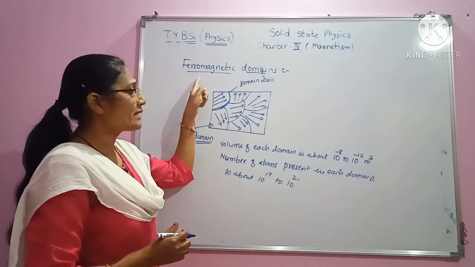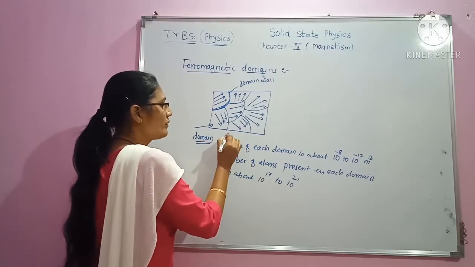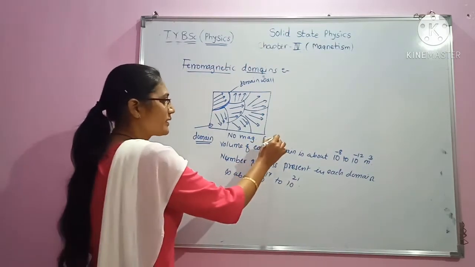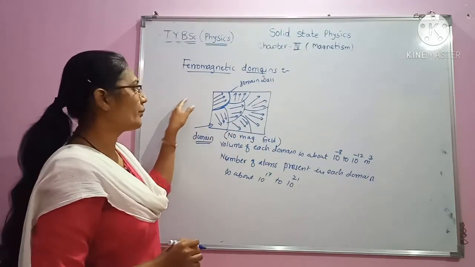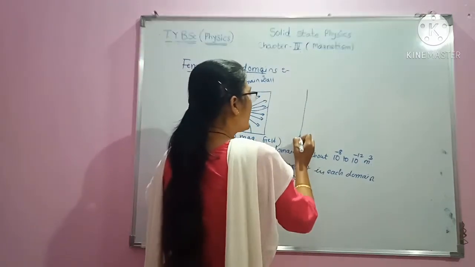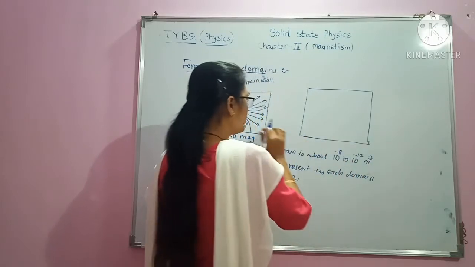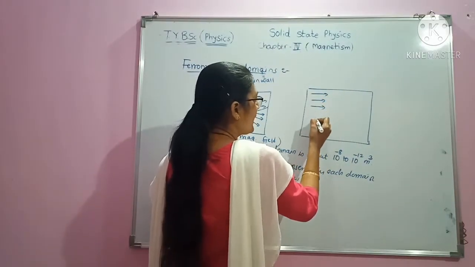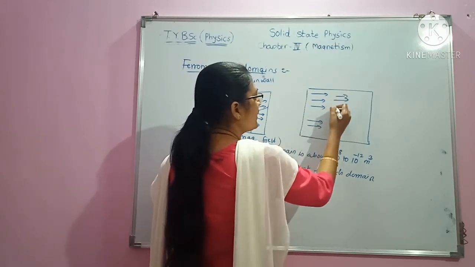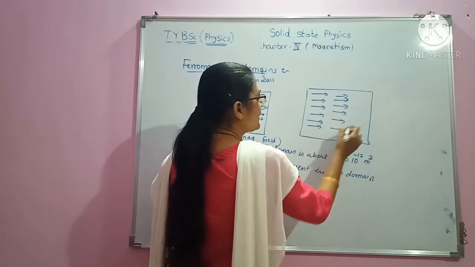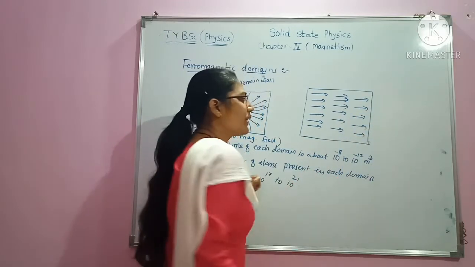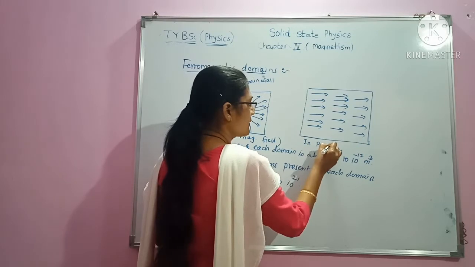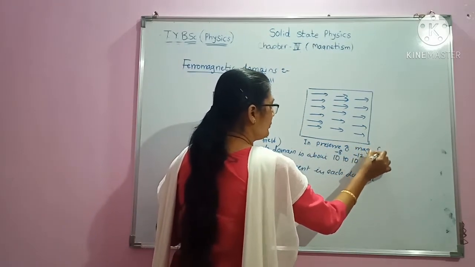But when we apply an external magnetic field to this ferromagnetic material, all these dipole moments will arrange themselves in the direction of the applied magnetic field, and we say that the material is magnetized in the presence of the magnetic field.